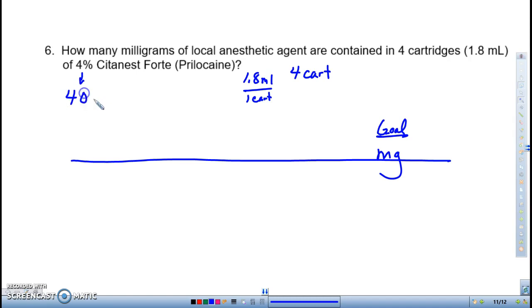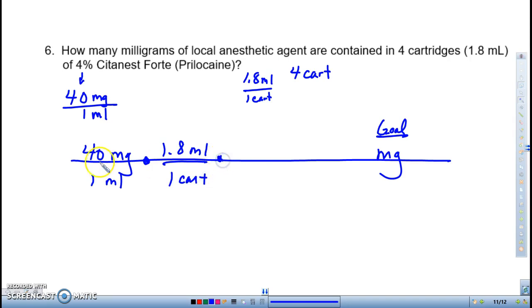Multiply by 10. That's 40 milligrams of drug per 1 milliliter of solution. And that's kind of where I always like to start. 40 milligrams per 1 milliliter is going to get multiplied by 1.8 milliliters per 1 cartridge. And they told us we have 4 cartridges.